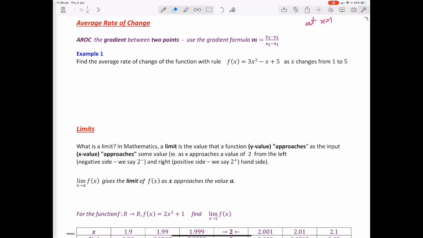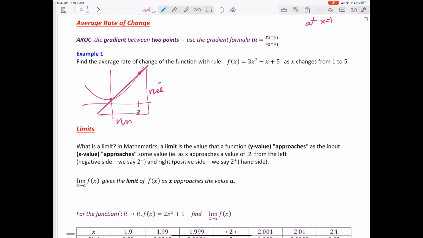The average rate of change is the gradient between 2 points. So that's the difference between a derivative and an average rate of change. If I said, here's a curve, I want the average rate of change between x equals 0 and x equals 3, it's the line joining those 2 points, so it's the gradient of that line, rise over run.